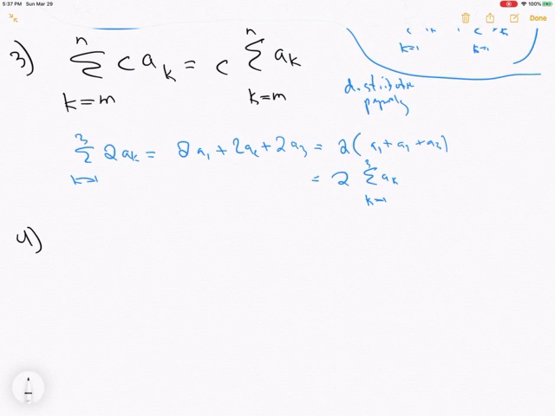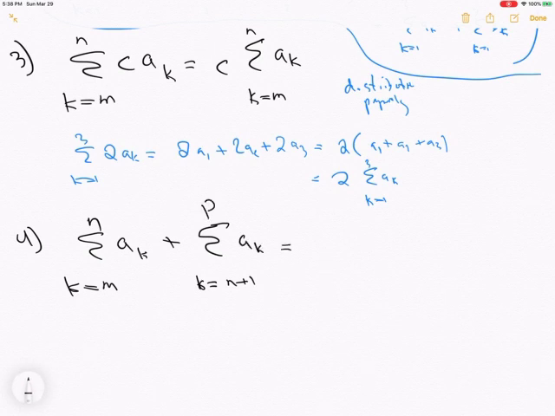So if I wanted to do a summation where k goes from m to n of some ak objects, and then a summation where k goes from n plus 1 up to p of ak, that's the same thing as summing from m up to p over the ak's.